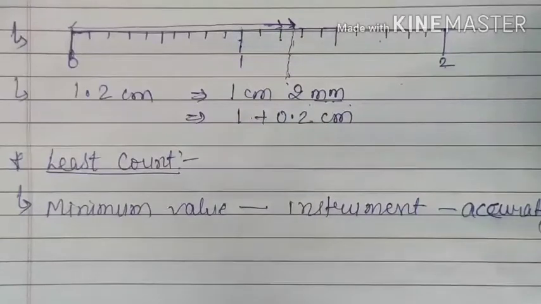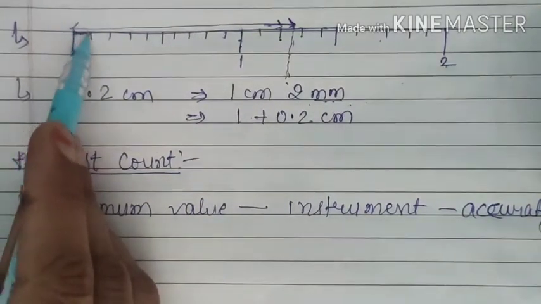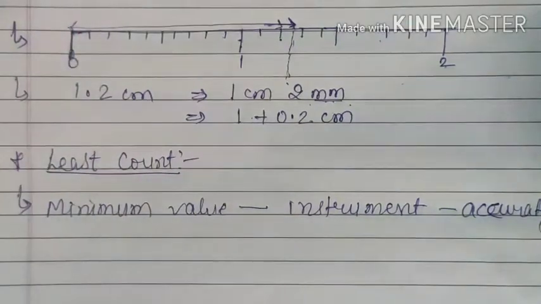Okay, next thing, here we are talking about length, so we are talking about scale. It's not only about scale, it can be for anything. That means all the instruments have their least count, whether you are using an ammeter, a voltmeter, a thermometer, anything. The smallest division measurement on that instrument is known as least count.